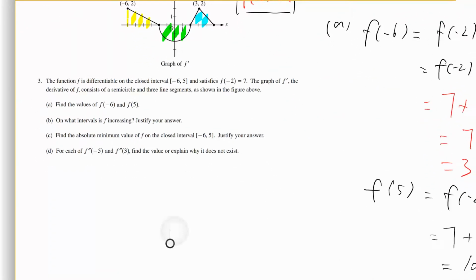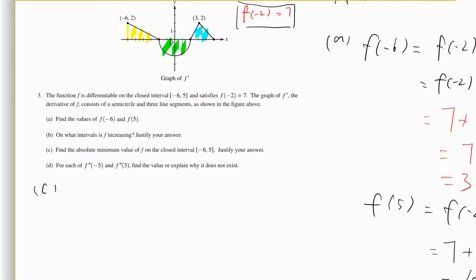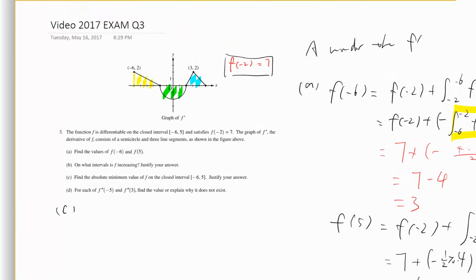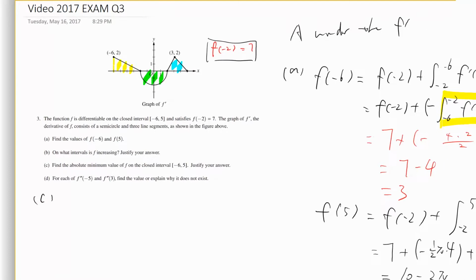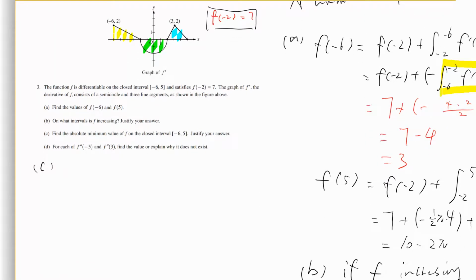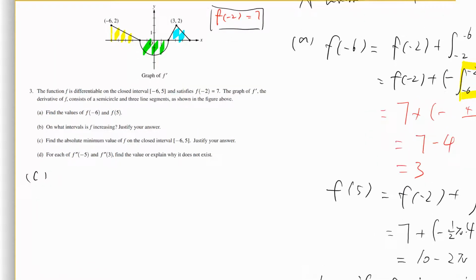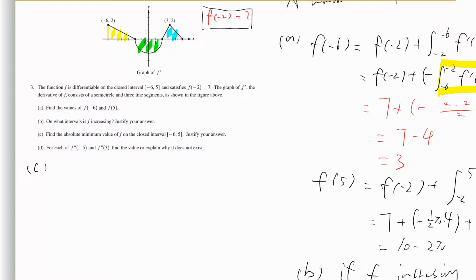So question C. Find the absolute minimum value of f on the closed interval -6 to 5. Justify your answer. As we first look at question C, there are 3 possible minimums of f on the interval -6 to 5.